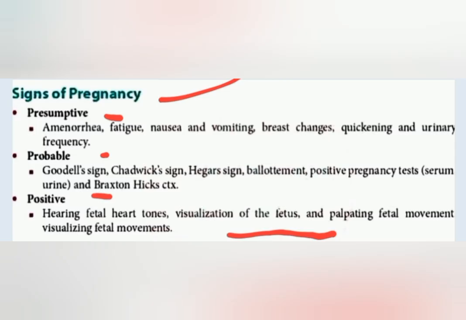Here we can see the signs of pregnancy. First one is presumptive signs. Presumptive signs include amenorrhea, fatigue, nausea and vomiting, breast changes, quickening and urinary frequency. Probable signs include Goodell's sign, Chadwick's sign, Hegar's sign, ballottement, positive pregnancy tests like serum and urine tests, and Braxton Hicks contractions. These are all probable signs of pregnancy.